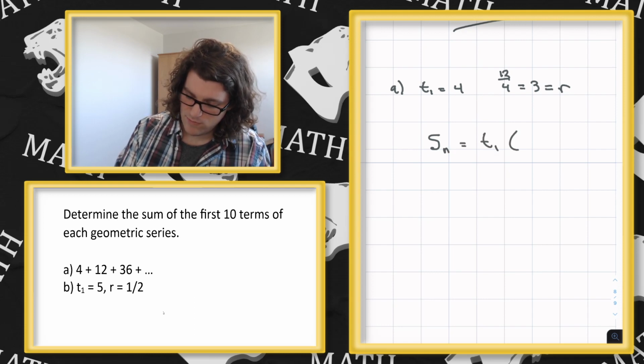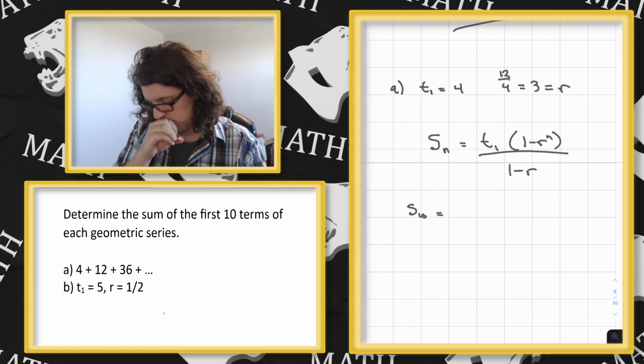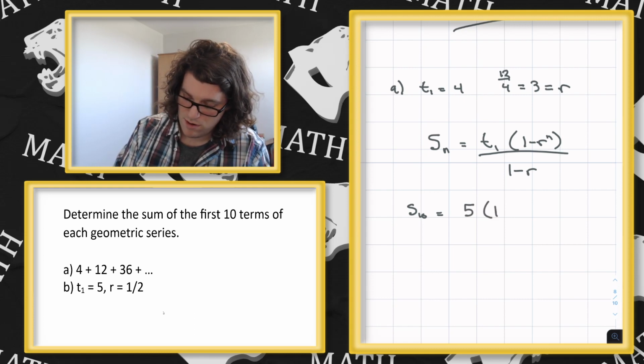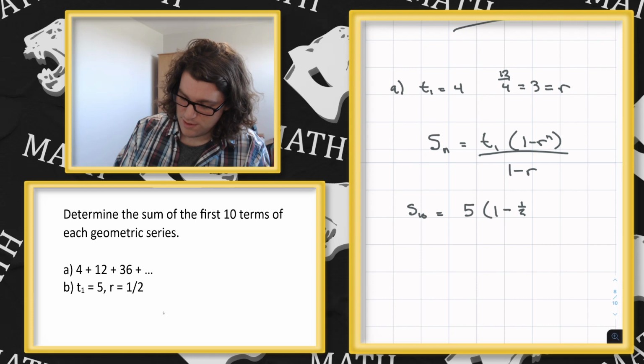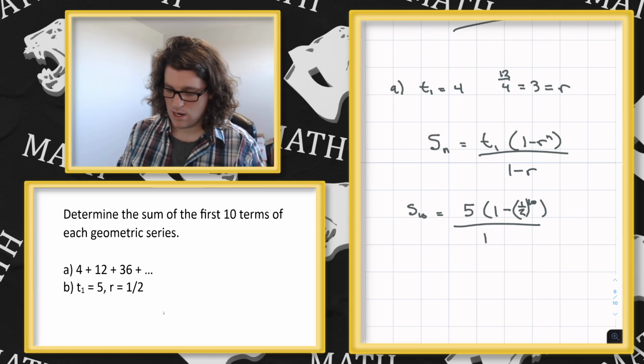So T1 times 1 minus r to the n over 1 minus r, which in our case, this is S10 that we want to use. Excuse me. So this is 5 times 1 minus r to the nth power, so that's the 10th power. So 1/2 to the 10th power over 1 minus, I got totally thrown off.